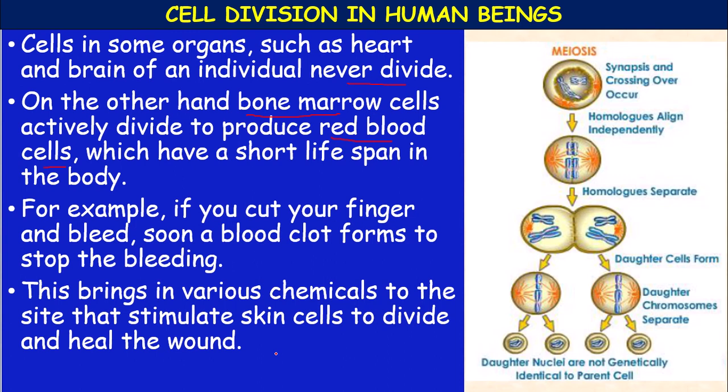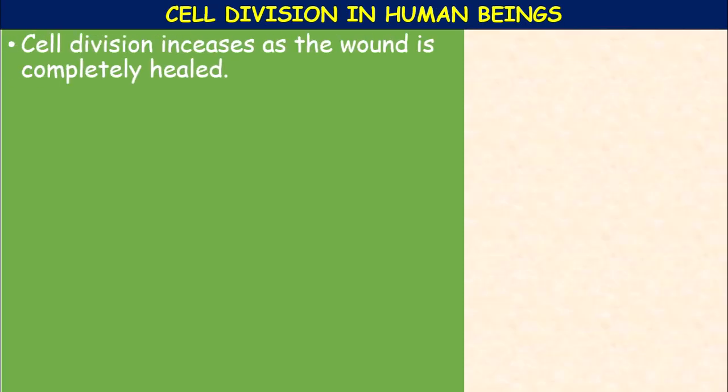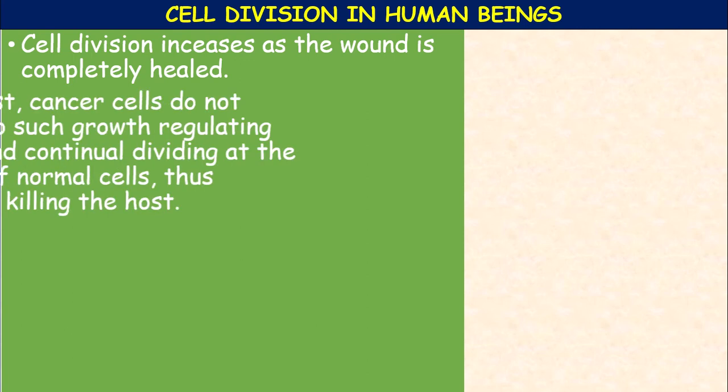The cells located at the edges of the wound undergo mitotic division and they fill the wound. It is called wound healing. Cell division increases until the wound is completely healed.